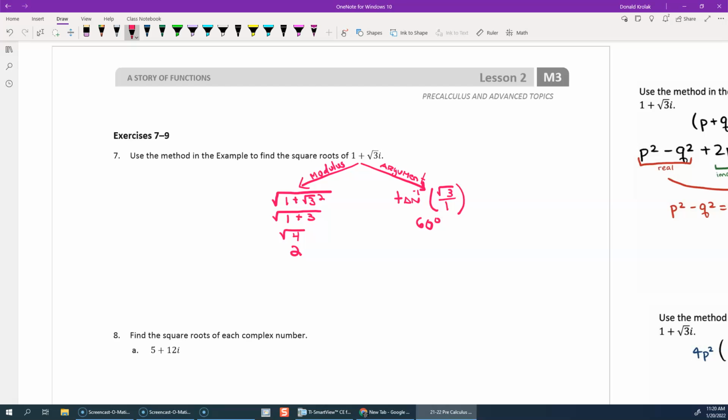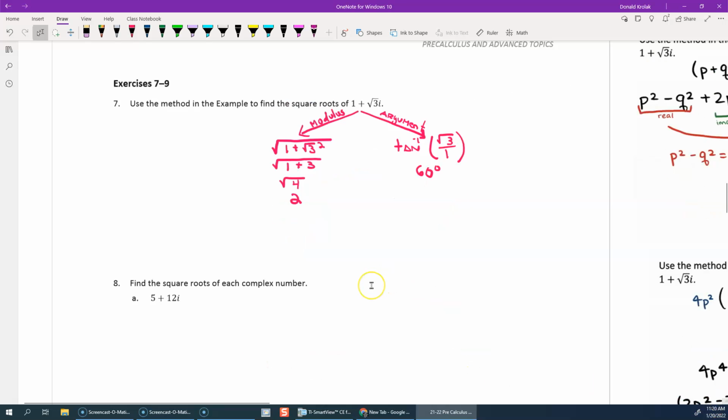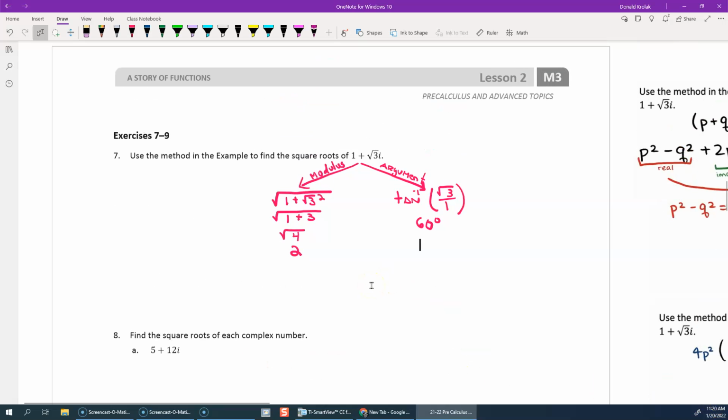All right. Now, to convert these, you're going to take these two things and change them into the modulus and the argument of the square root. So I take the square root of this to get the modulus, and I take half of that to get the argument. Okay. So let's see.